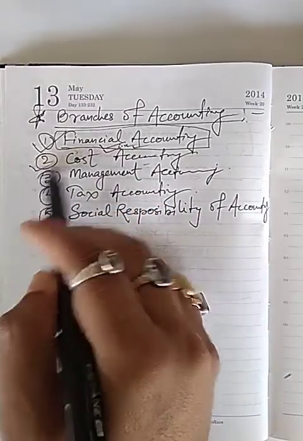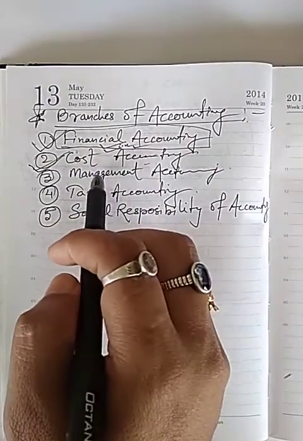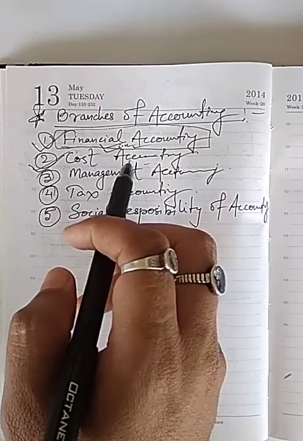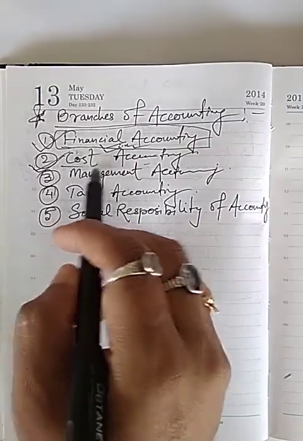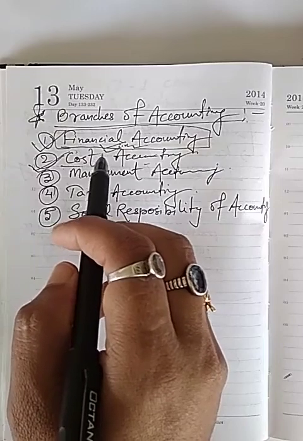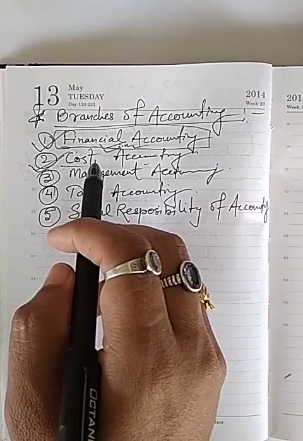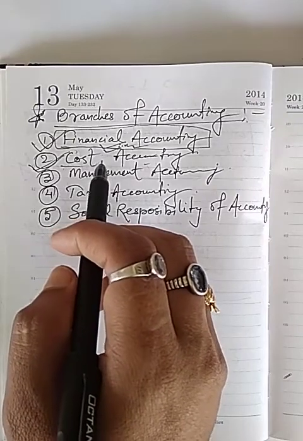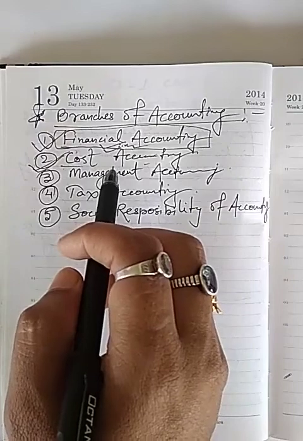Now, the second point is cost accounting. The main purpose of cost accounting is to ascertain the total cost and per unit cost of goods produced and services rendered by a business.